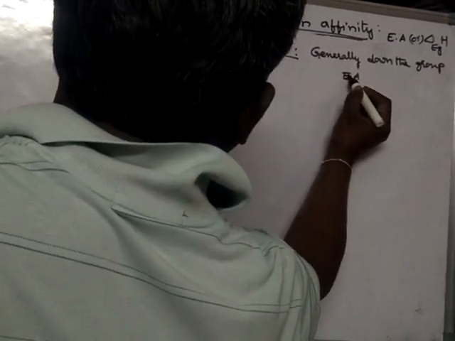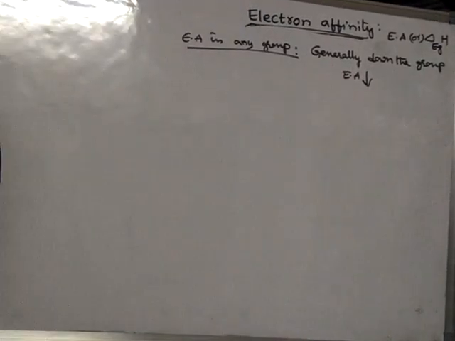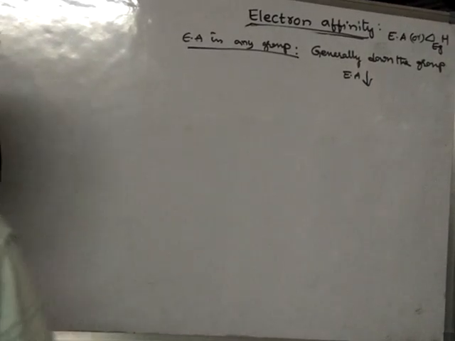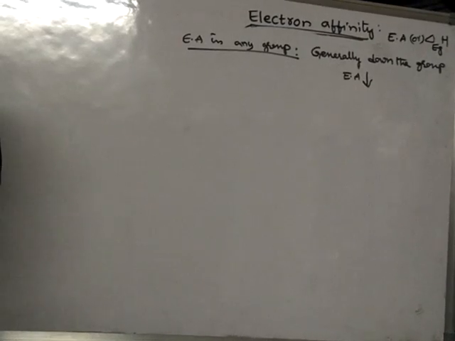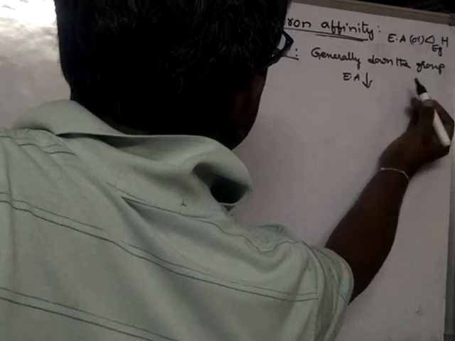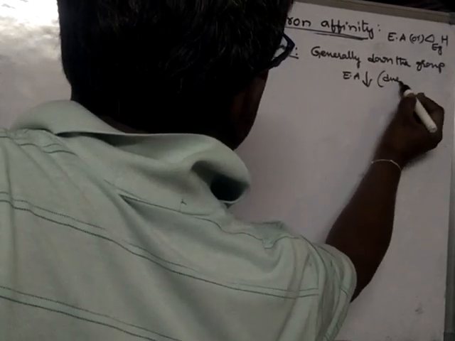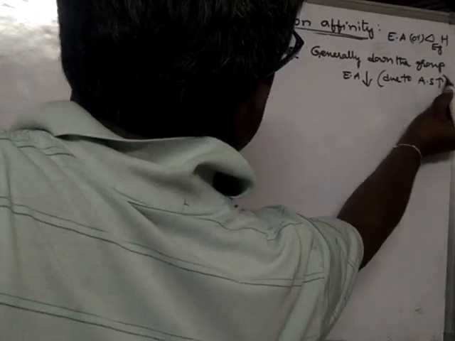Electron affinity should decrease. Generally, down any group, electron affinity decreases. Why does electron affinity decrease? The reason is the increase in atomic size.